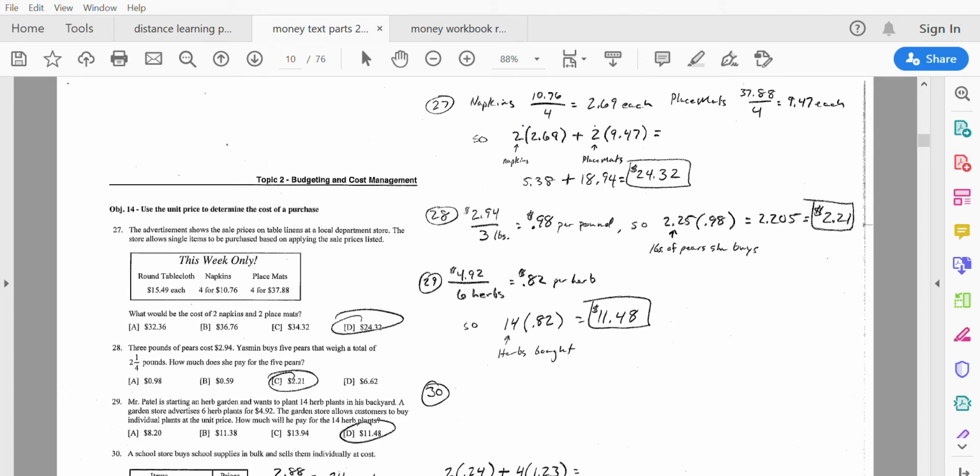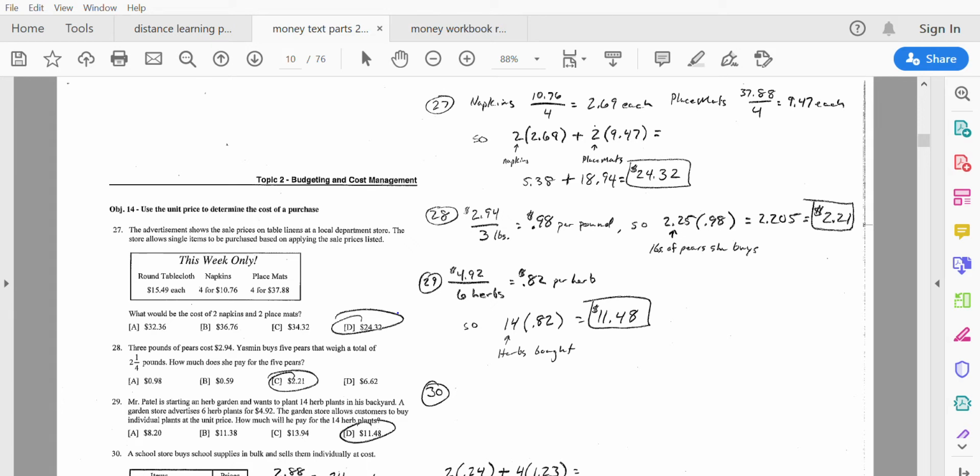Because we're buying 2 napkins, we take 2 times $2.69. We're buying 2 placemats, so 2 times $9.47. The 2 napkins is $5.38. The 2 placemats is $18.94. We add them up, we get a total of $24.32. And so that is letter D.